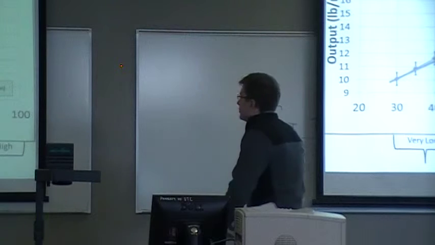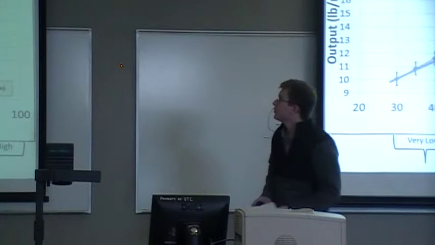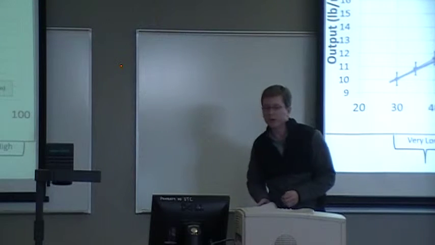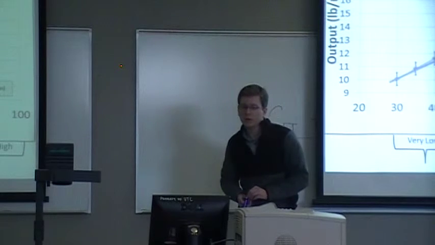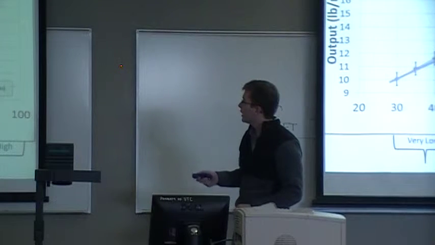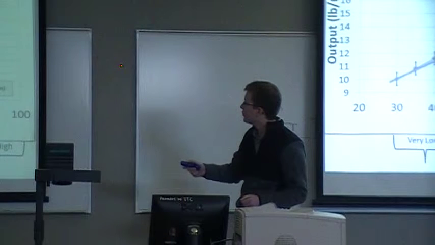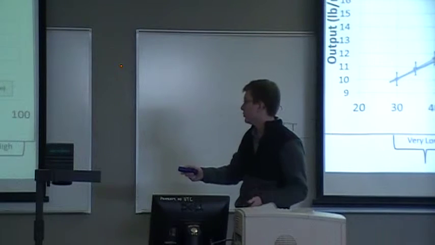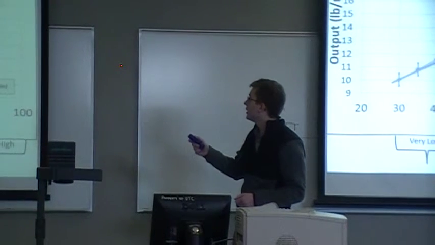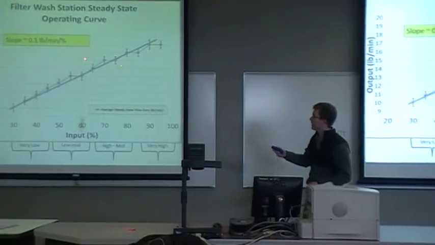All right. Do that a bunch of times, and you're able to construct the filter wash station steady state operating curve. As you see, it goes from 30 to about 95%, and it's fairly linear. It does kind of go away from the slope that is present here, but what I did was I drew a line and used a graphical method for getting the slopes, so I wasn't able to use the trend line.